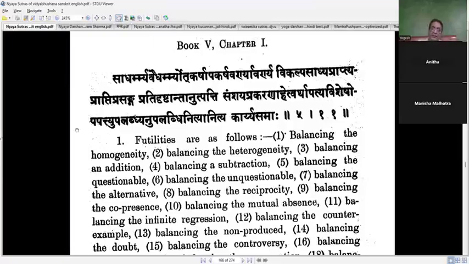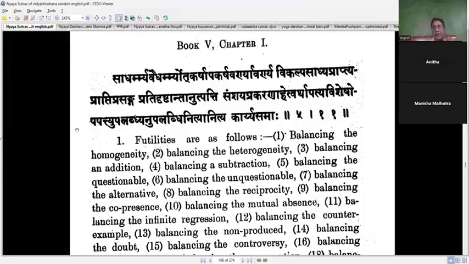So samaha means something similar to. A similar argument is being given that is being used to prove the opposite. So samaha you will attach with every word. Sadharmya is not the logical fallacy; sadharmya sama is the logical fallacy.